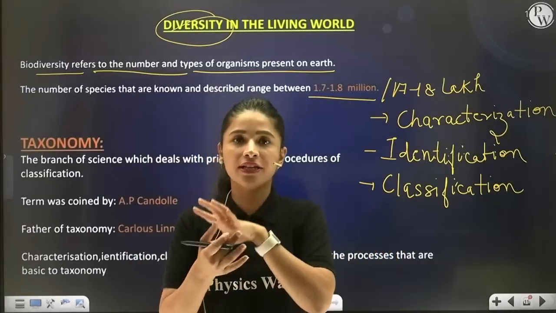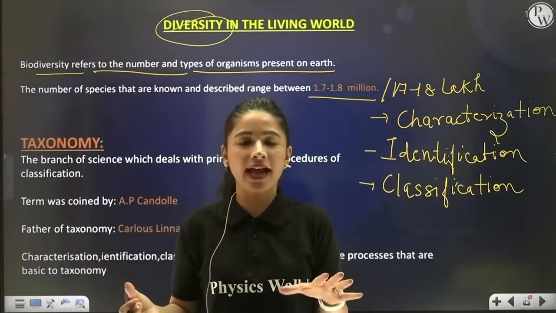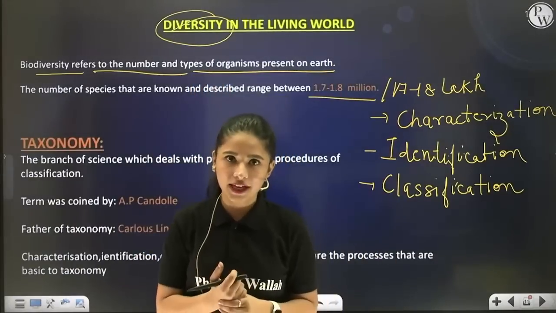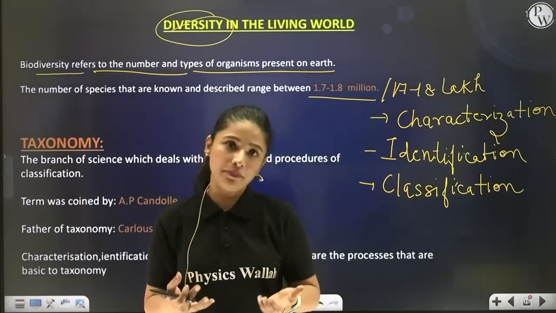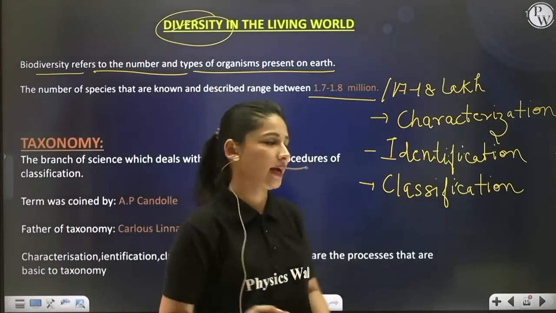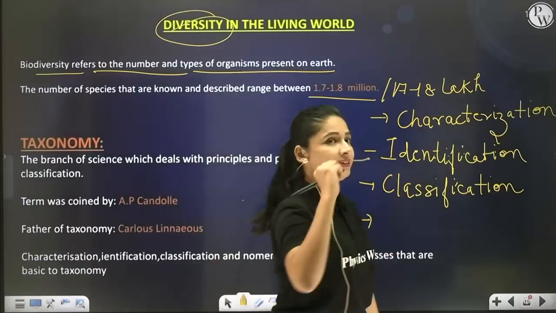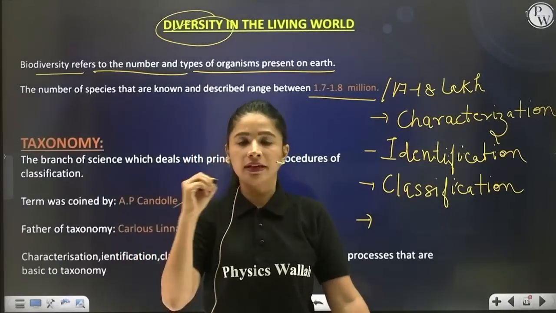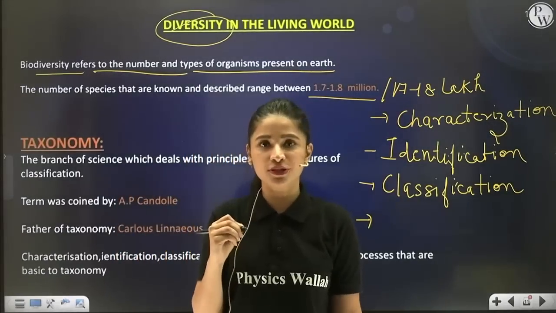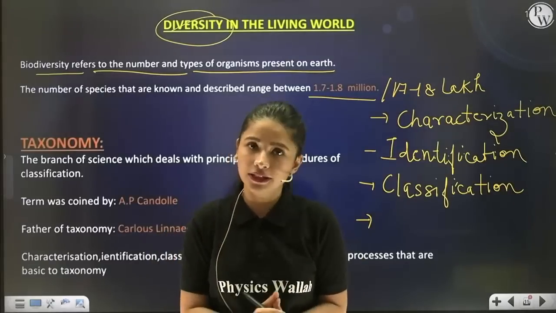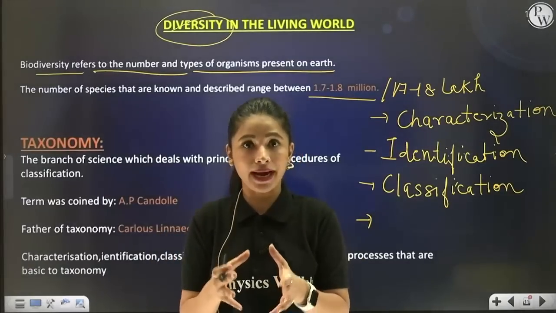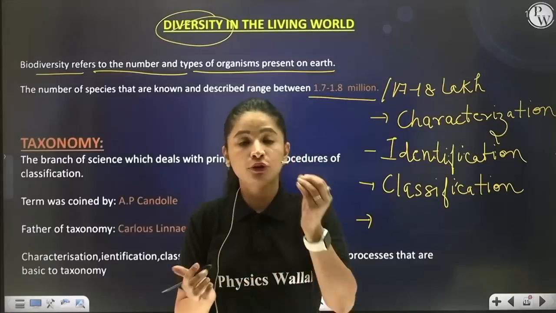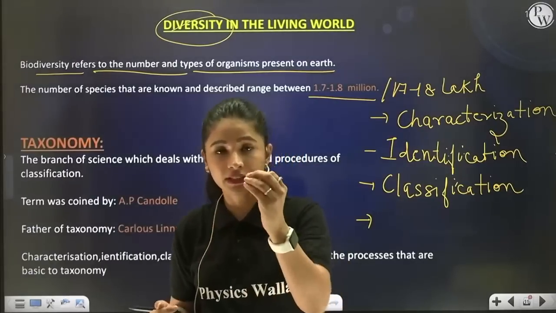After this, once you have known everything about the organism, once you have put that organism into proper classification, then comes naming. And last step is to provide an internationally accepted name. On global level, scientists are not supposed to use some local or vernacular names. They are supposed to provide names which are globally accepted. Rules have been framed, which I will teach you.